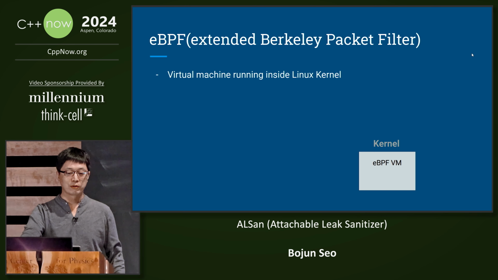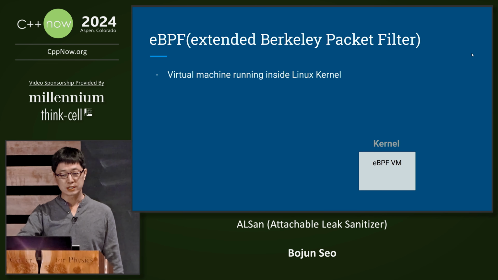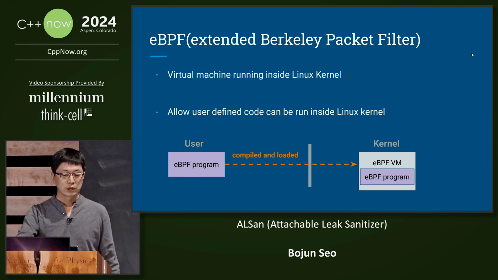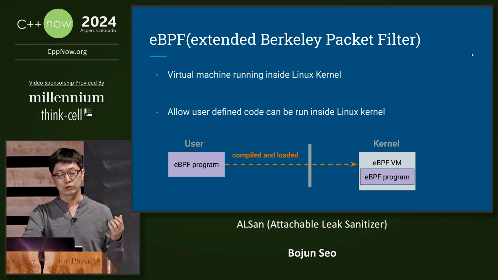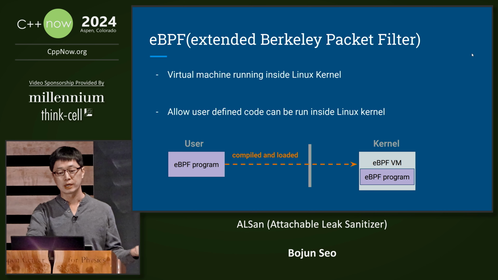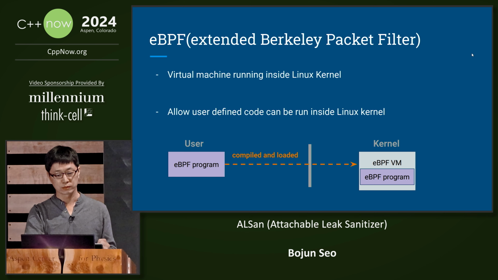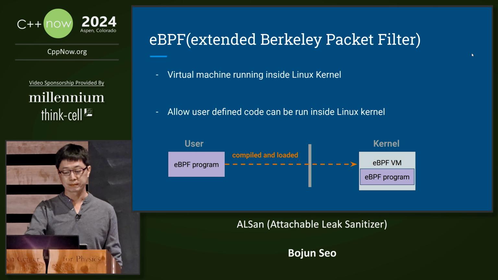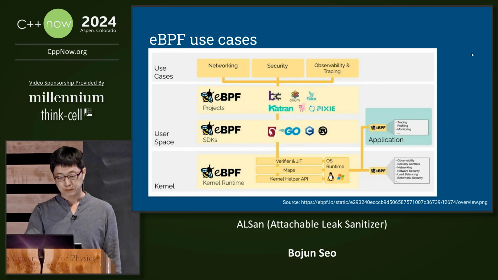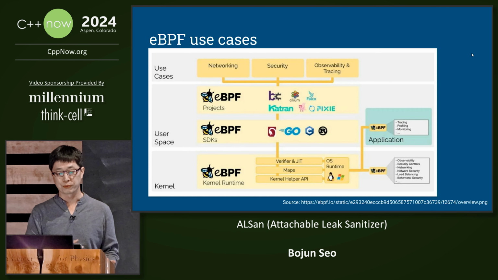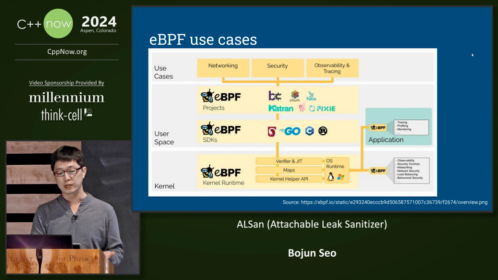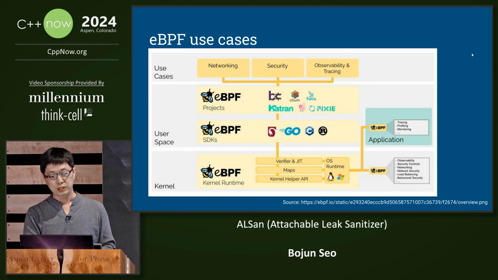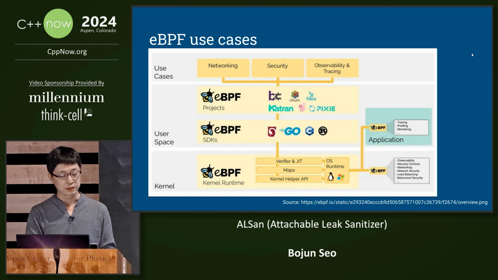eBPF is a virtual machine that runs inside the Linux kernel. It allows user-defined code to be run inside the Linux kernel, which is a very powerful feature. Thanks to this, it is used in networking, security, observability, tracing, and so on.